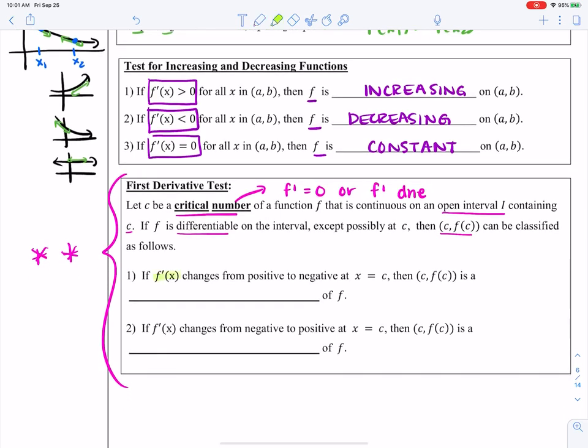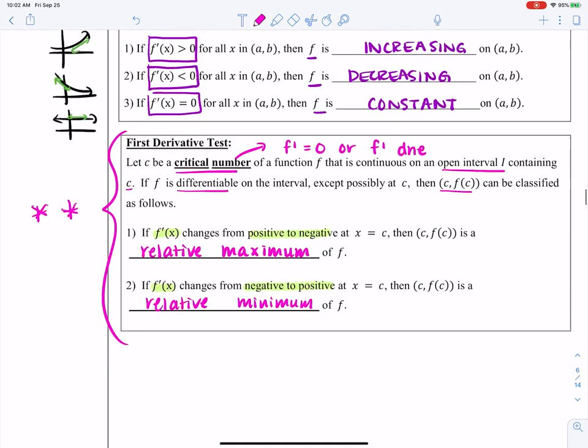Important: if f prime changes from positive to negative, then that is a relative maximum. And if f prime changes from negative to positive, then that point is a relative minimum.